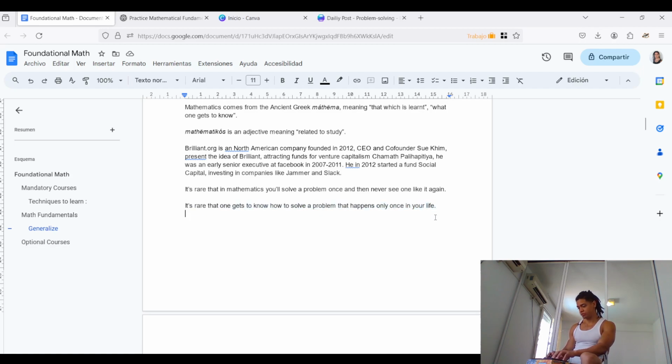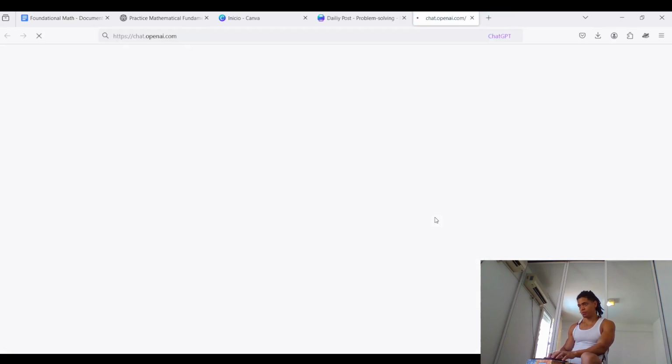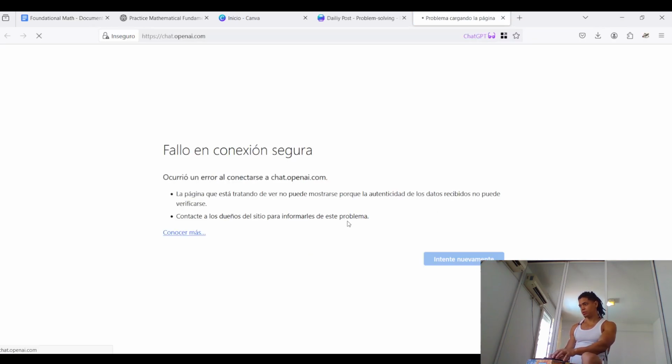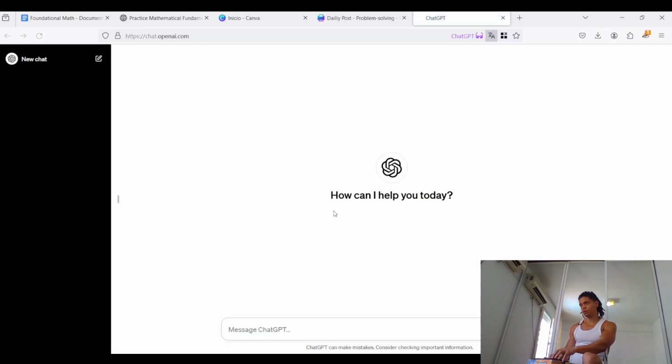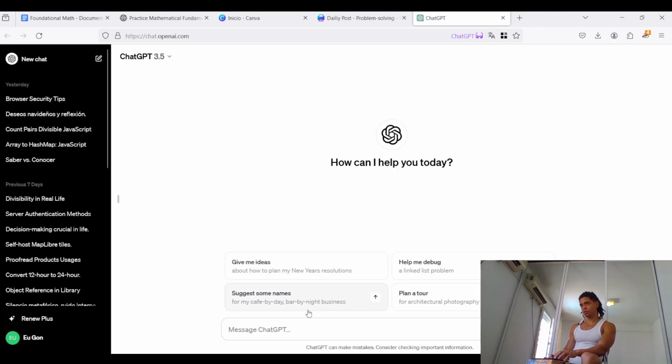I would like to also translate this to actually proofread the following text. What? Proofread the following text.